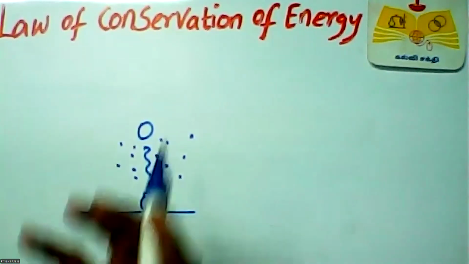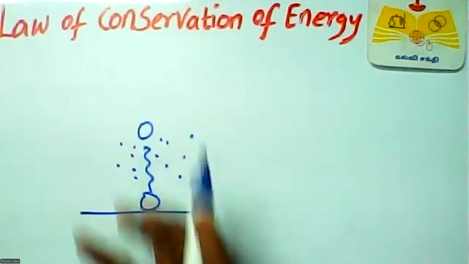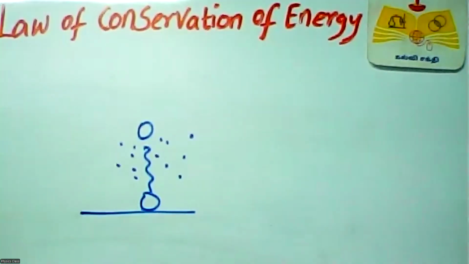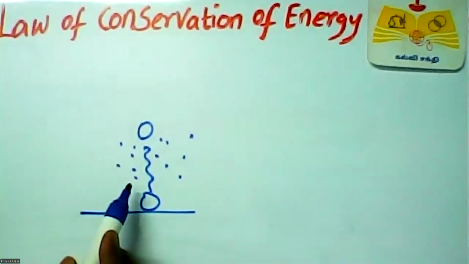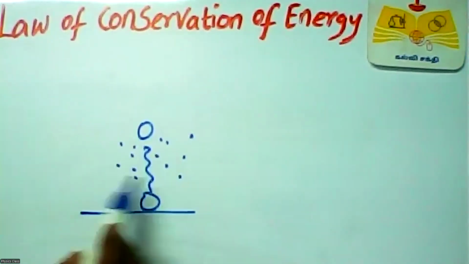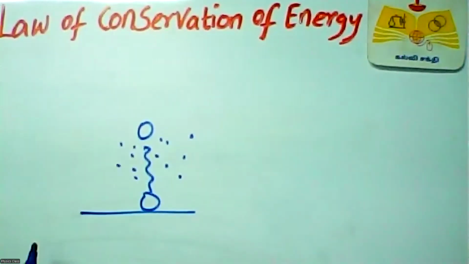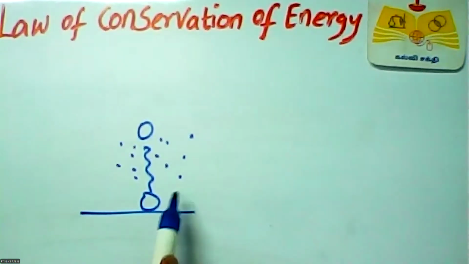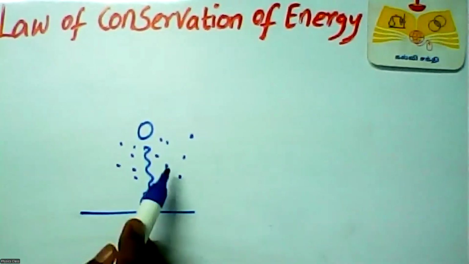So once a ball falls down, it goes through the air. You could consider the air resistance, also called air friction. That friction slows the ball down.